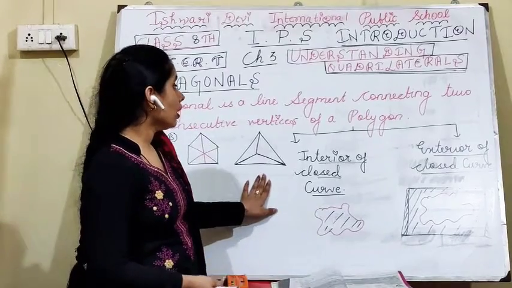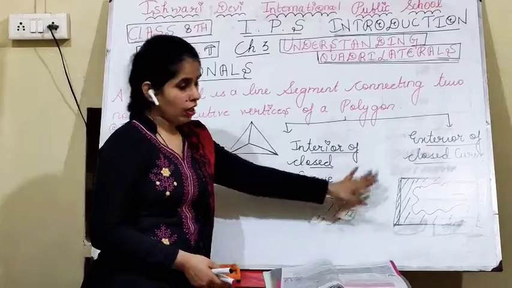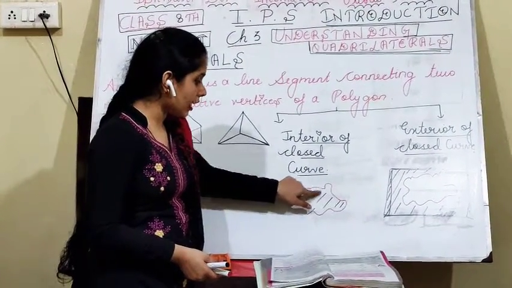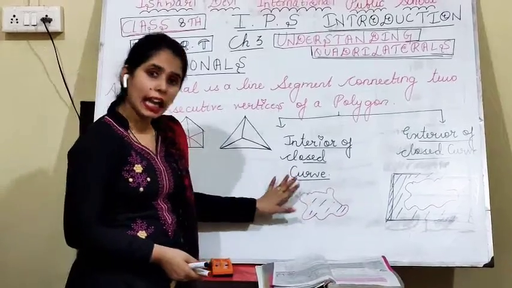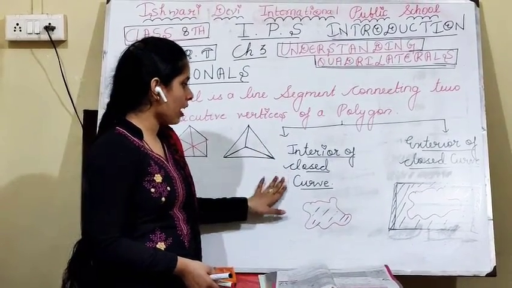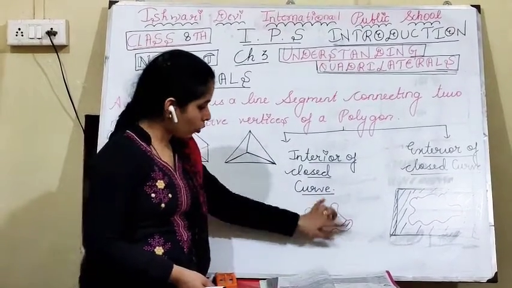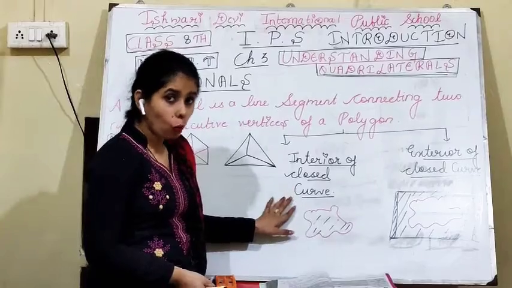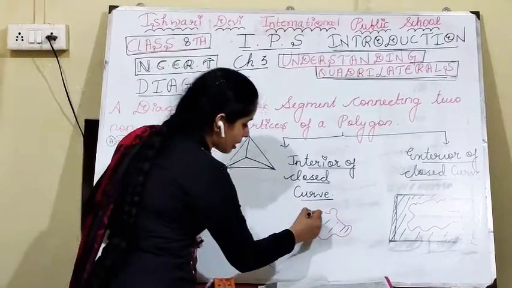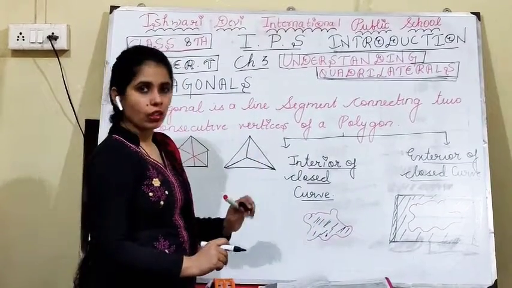Now we come to the interior of the closed curve and exterior of the closed curve. Whenever you mark the lines, the interior area of the polygon is known as the interior of the closed curve. This is a closed curve because it is closed from everywhere, it is not open. So the area which is inside the closed curve is known as the interior of the closed curve.